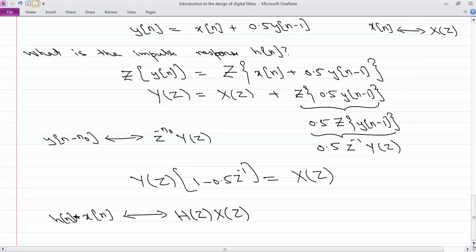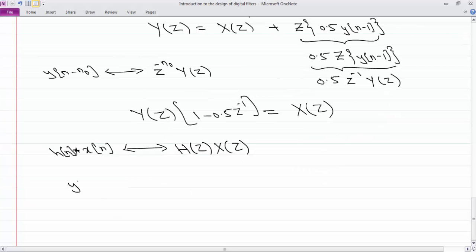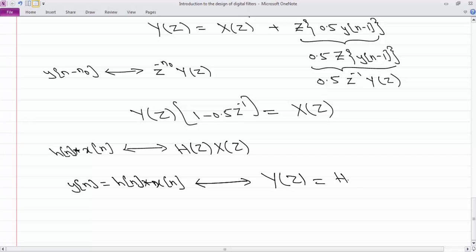So we know that y[n] equals h[n] convolved with x[n], and the Z transform of that means Y(z) equals H(z) X(z). So our goal is to find the Z transform of my impulse response h[n]. So that is simply H(z) equal to Y(z) over X(z).